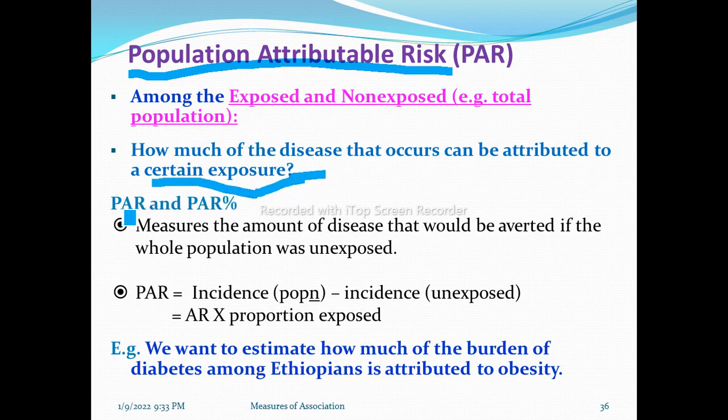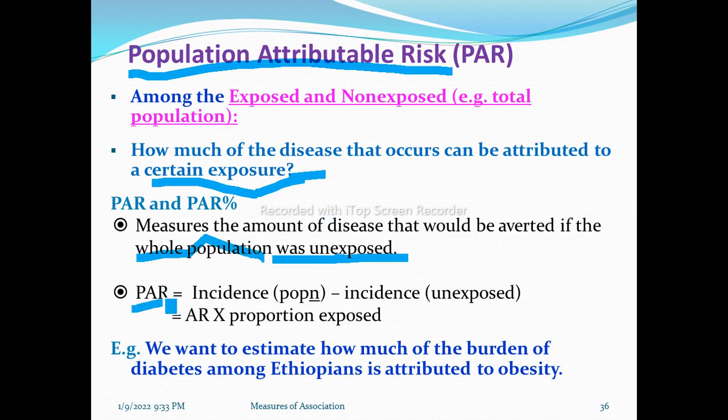Population attributable risk and population attributable risk percent are measures of the amount of disease that would be averted, or prevented, if the whole population was unexposed to that exposure or risk factor.